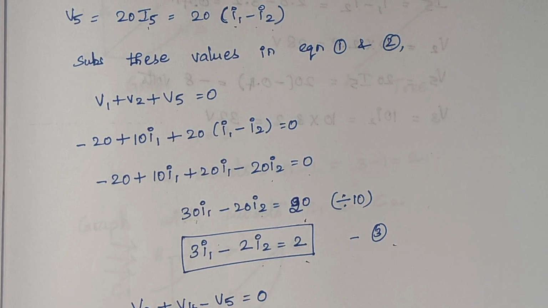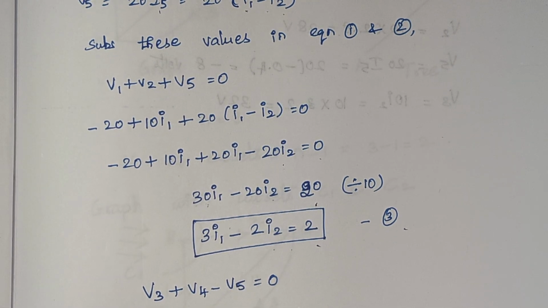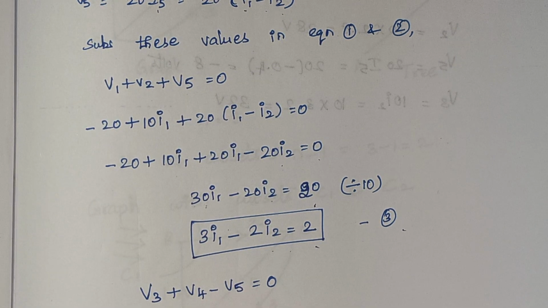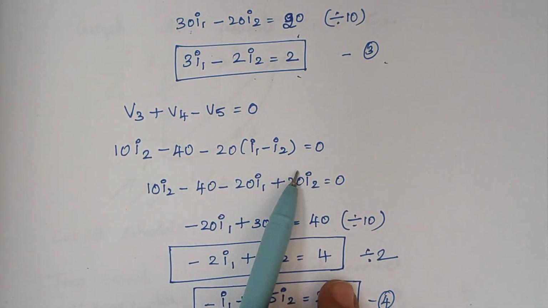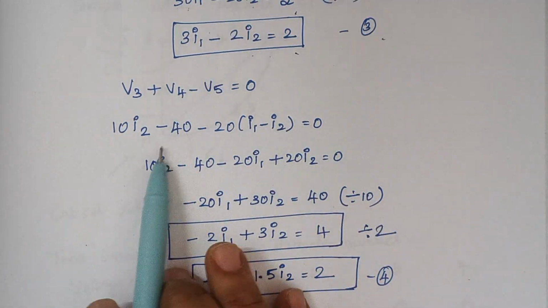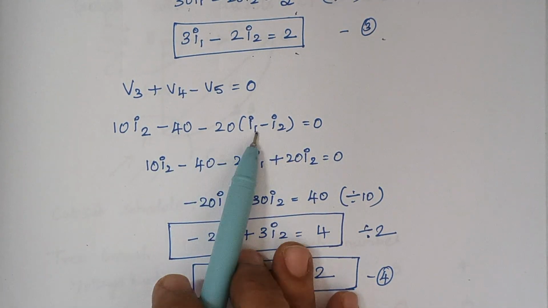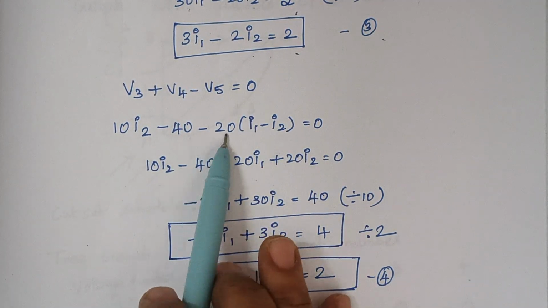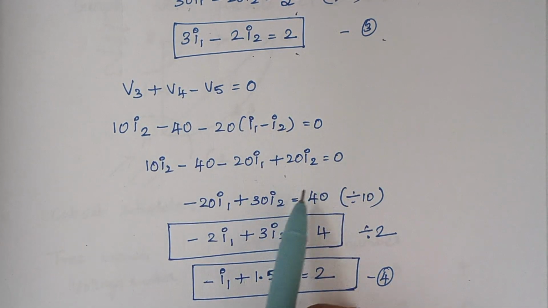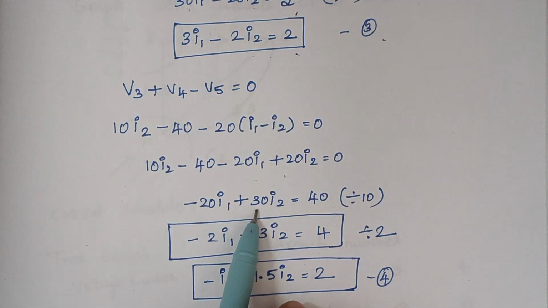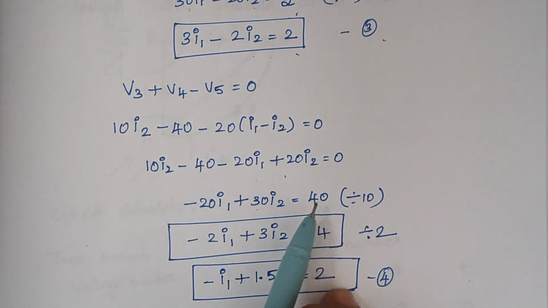Now consider your equation number 2. It is nothing but V3 plus V4 minus V5. So here again just substitute the values. Once after substituting, just simplify. Minus 20 I1, minus 20 into minus I2 becomes plus 20 I2. Again we are combining I1, I2 terms together and I am moving a number to the right hand side.